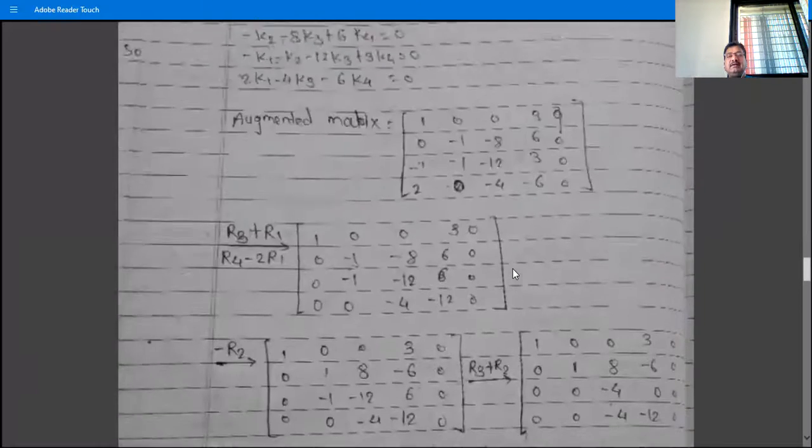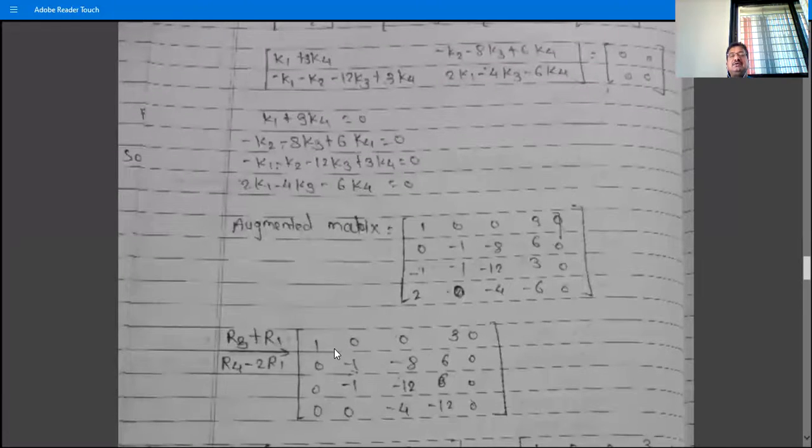So if you substitute K4 and K3 in the above equations, we have K1 and K2 both 0. And we know that if a homogeneous system has a unique solution, then it must be the zero solution, that is, all the values of the unknowns are equal to 0. So K1 is 0, K2 is 0, K3 is 0, K4 is 0. All constants K1, K2, K3, K4 are 0.